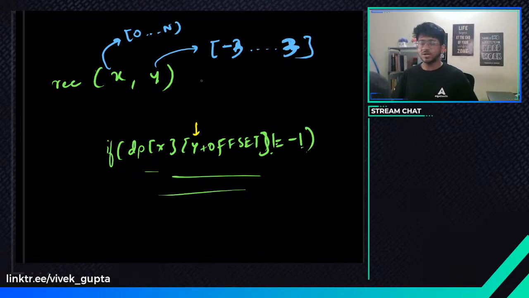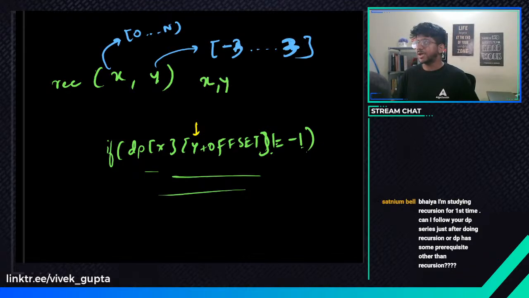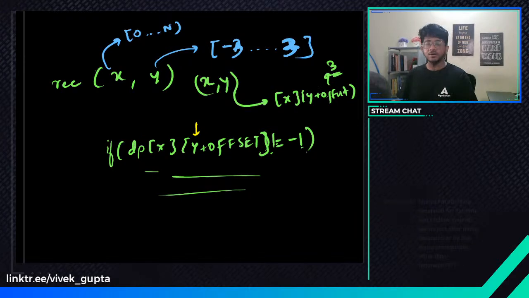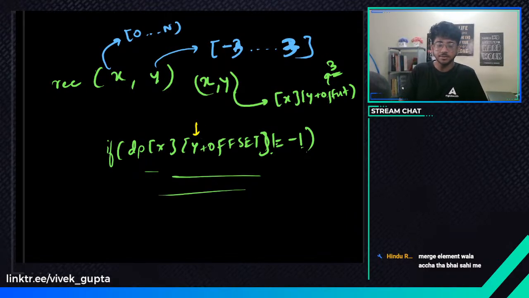So what we are actually saying is that the state x comma y will be saved at x comma y plus offset. And in this case, we can set the offset to the value 3, because then every possible value of y will now become positive, right? So this is a direct way in which you can map negative values to positive values in the array, because in the recursion it's fine if it's negative, but while saving, just make sure that it's positive. That's it.